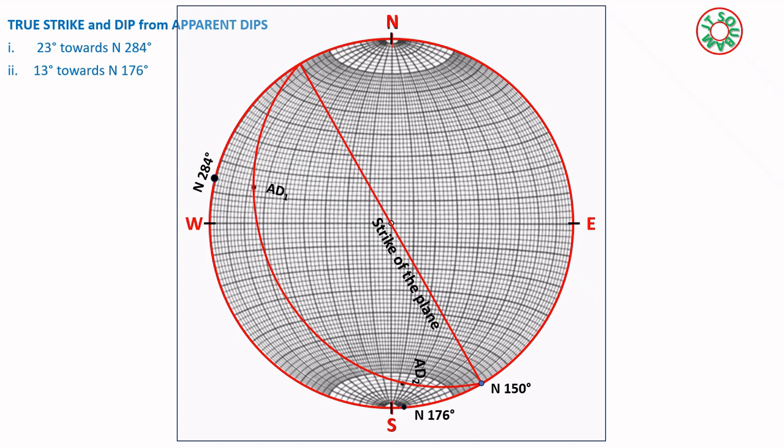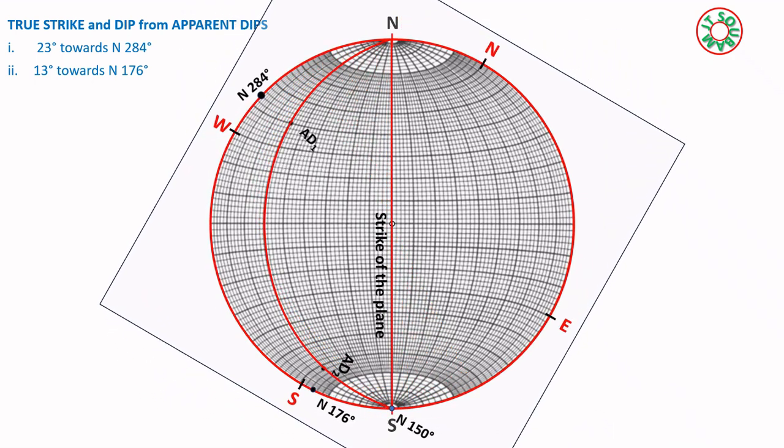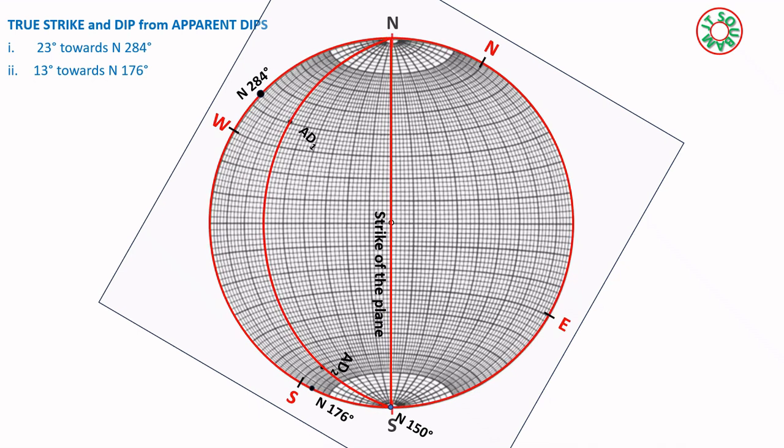Again, rotate the overlay so that the strike of the plane coincides with the north-south line. At this position, mark the point of intersection of the plane with the east-west line, because the true dip direction is always perpendicular to the strike.